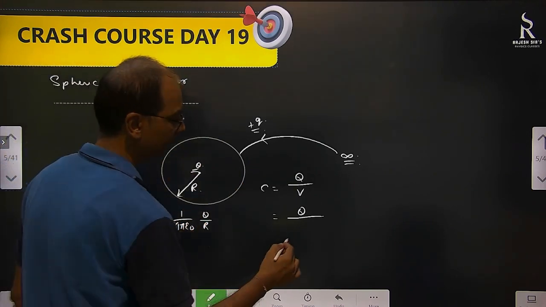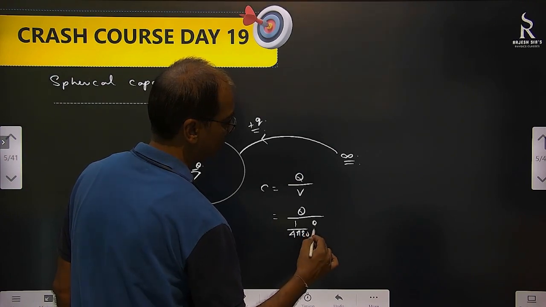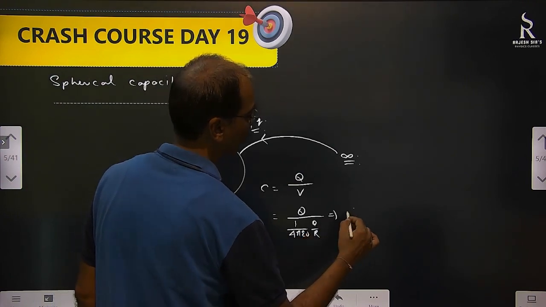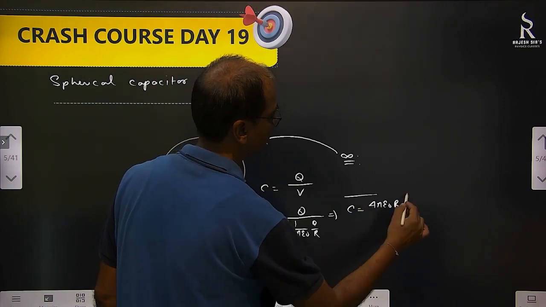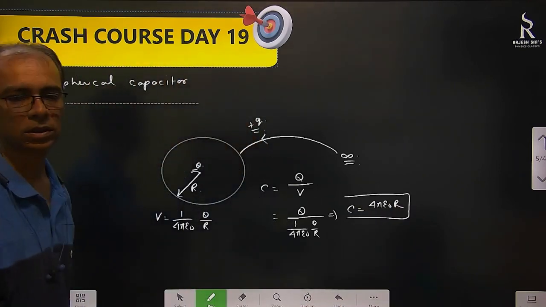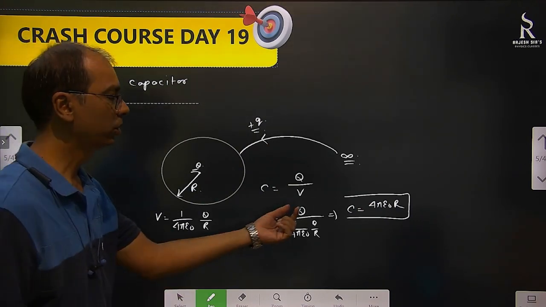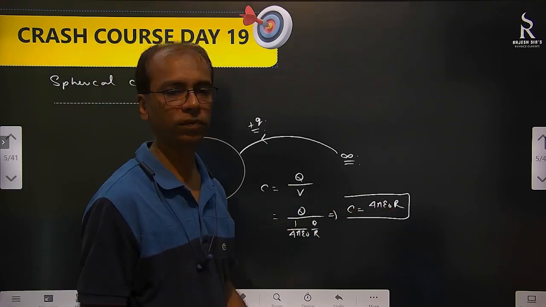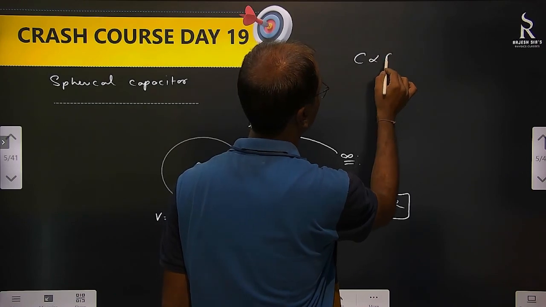So let's put it 1 by 4 pi epsilon naught Q by R. So capacitance is 4 pi epsilon naught R. C equal to 4 pi epsilon naught R. So this also you can see depends on the size of the capacitor. So C here is directly proportional to R.